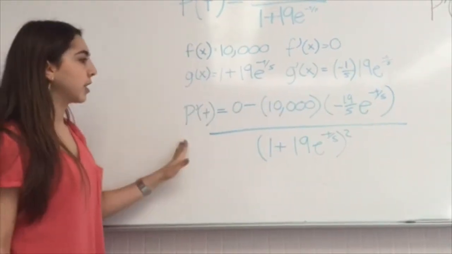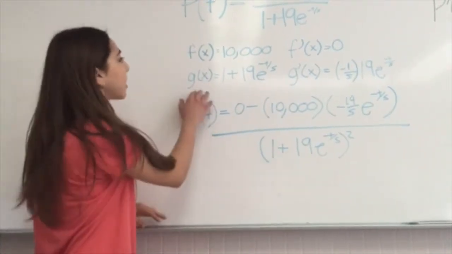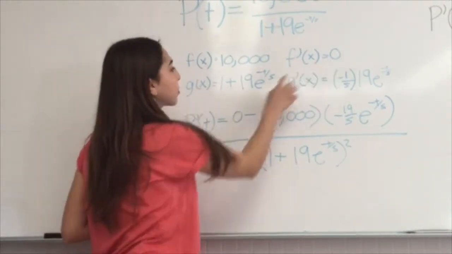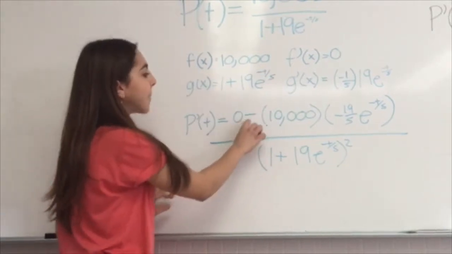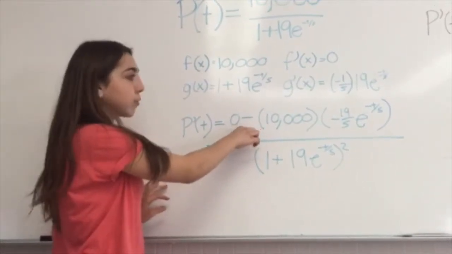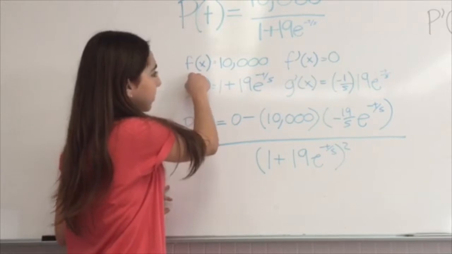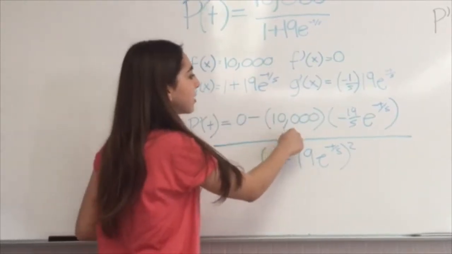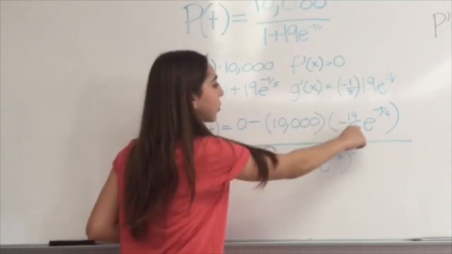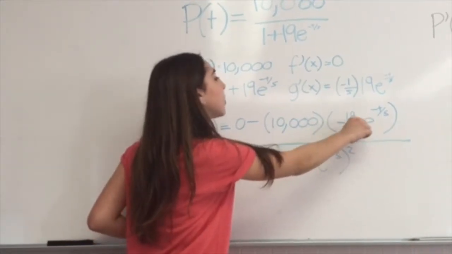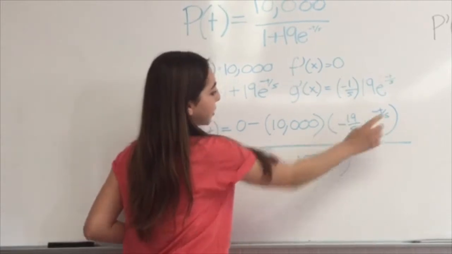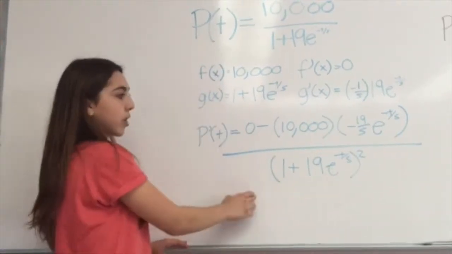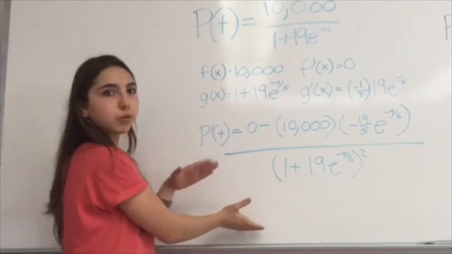So now the quotient rule consists of multiplying g times f prime, which we get 0, because any number multiplied by 0 gives 0, minus, which is part of the quotient rule formula, f times g prime. So we're going to multiply 10,000 times negative 19 over 5 e to the negative t over 5 power. And all this, we're going to put it over g squared, because it's part of the quotient rule formula.